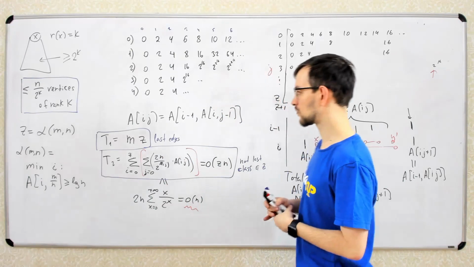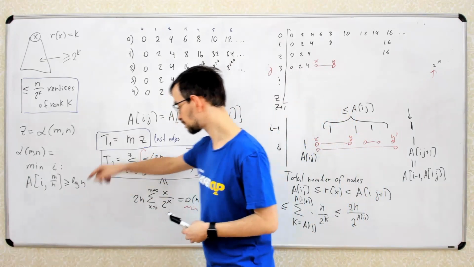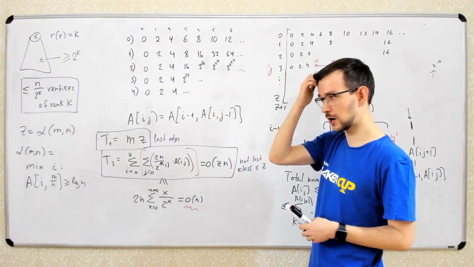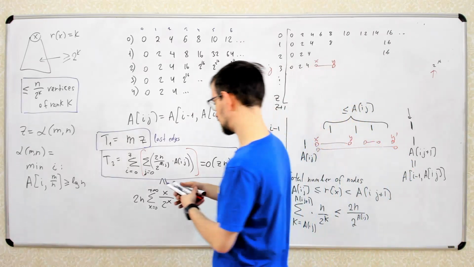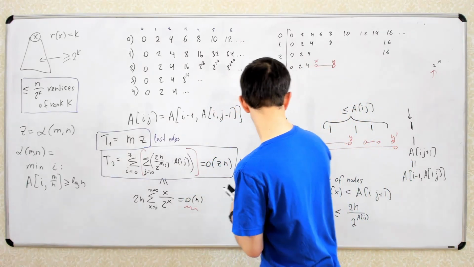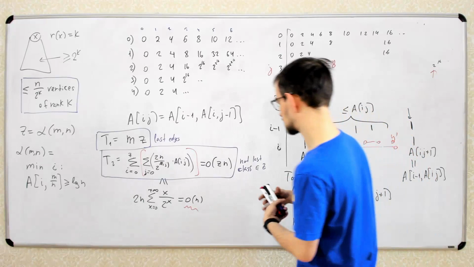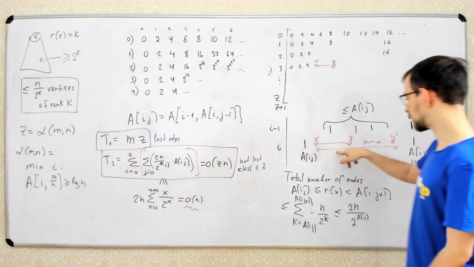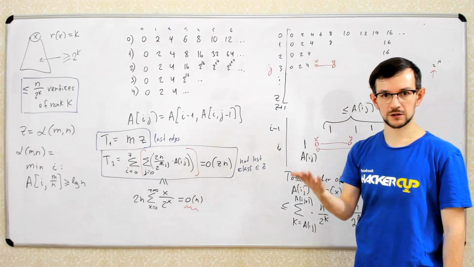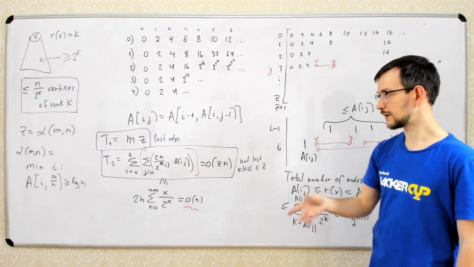And the total number of sequence Z, like here, will be at most m over n. So in sequence Z, we need only elements which are no more than log n.